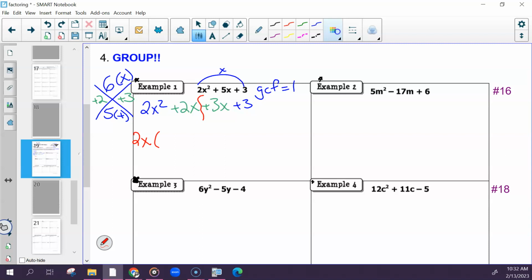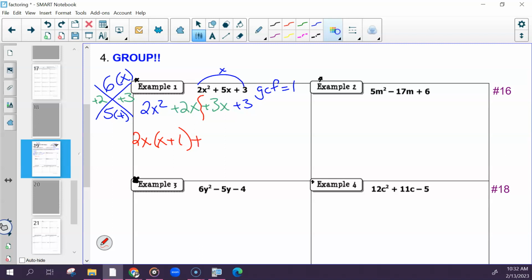Here, x plus 1. So divide both of these by 2x. To get that, bring your sign down, the plus.